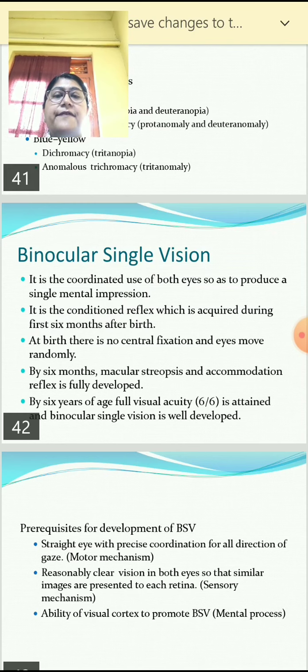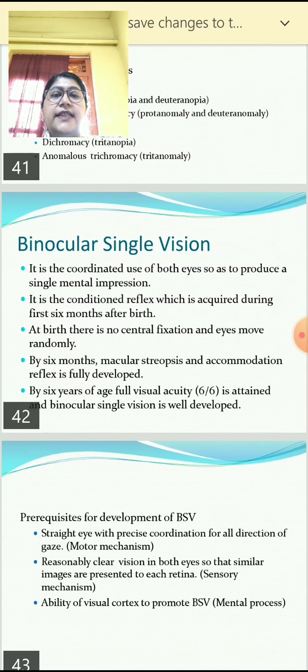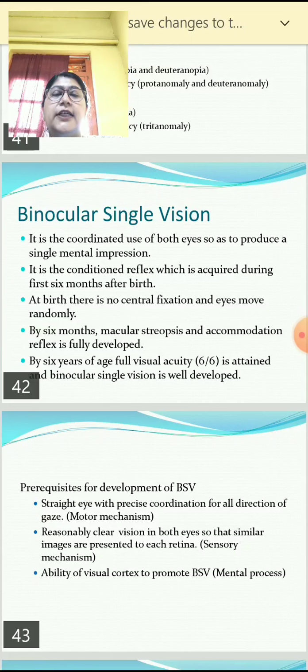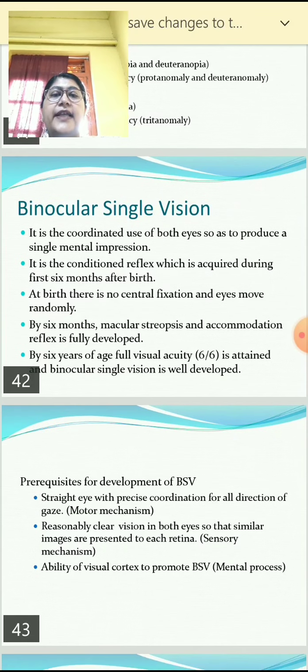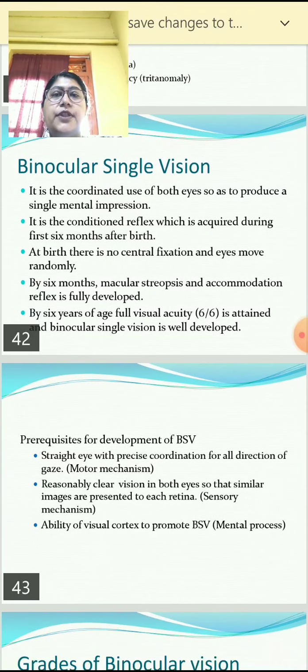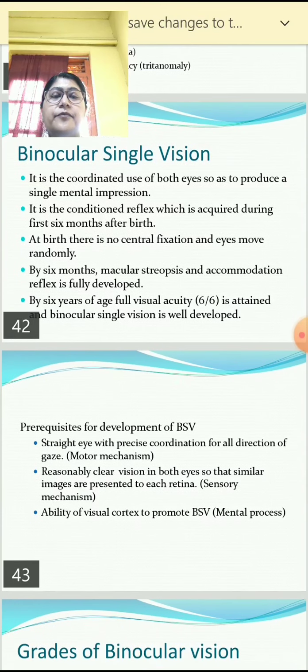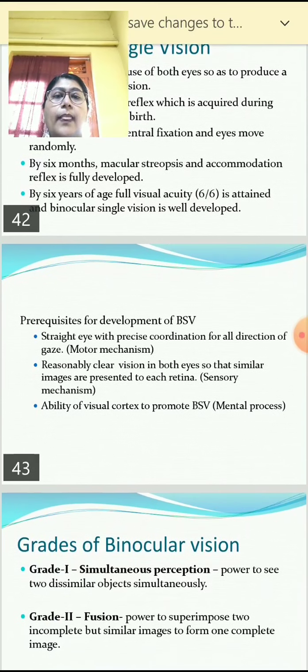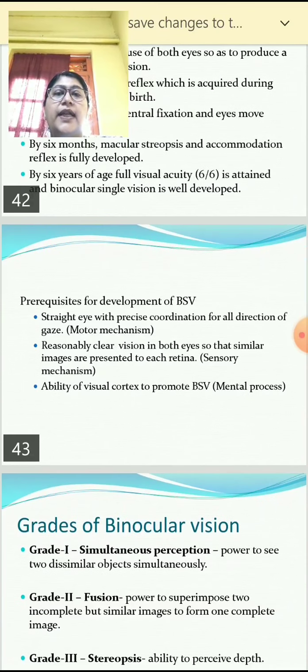But by 6 months the macular stereopsis and accommodation reflex are fully developed. And by 6 years of age full visual acuity is attained and binocular single vision is developed. So by 6 years of age children attain visual acuity like that of an adult, that is 6/6 vision, and binocular single vision is well developed.